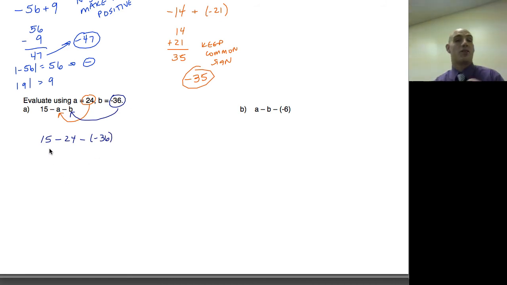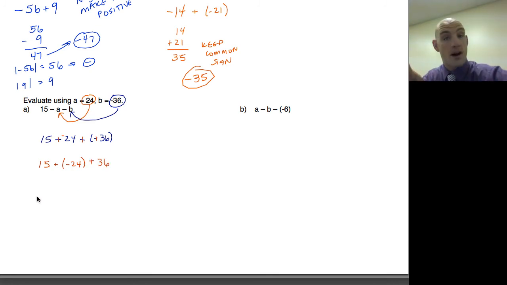Well, remember what we said. We don't want to subtract. We want to make this an addition problem. And so instead of minus, I'm going to make this plus a negative 24. And this one is going to become plus, because it's subtracting a negative, and subtracting a negative is the same as adding. And so now I have 15 plus a negative 24 plus 36.